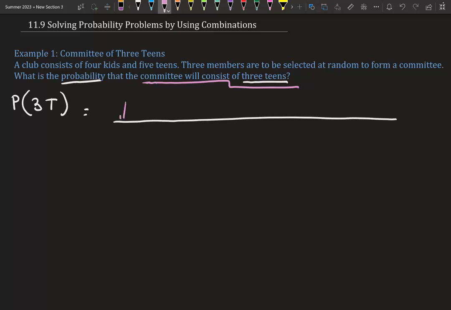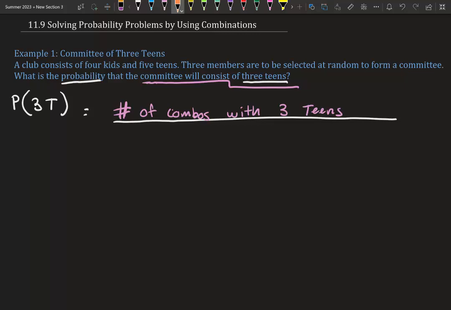We're looking for the number of combos with 3 teens, because if we just looked at the teenagers, how many can we mix and match together? And the bottom is always your total of everything you're talking about.